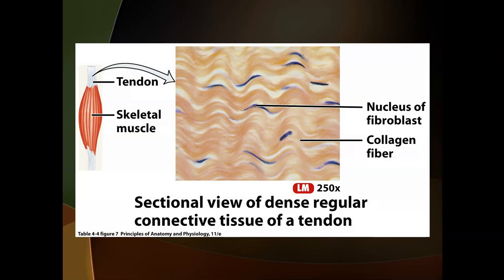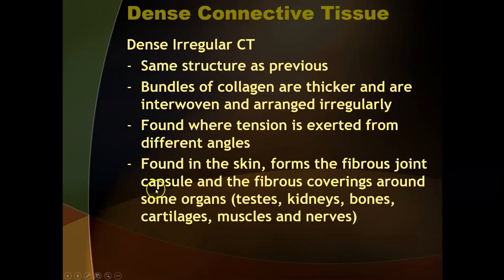Now, if we go back here, another type that we have is dense irregular connective tissue. It's the same structure as previous, we still get bundles of collagen, but they're a bit thicker, and they're interwoven and arranged irregularly.